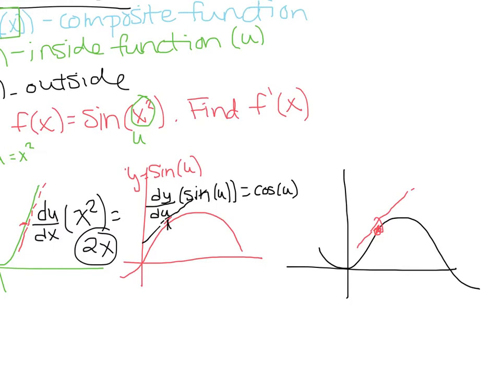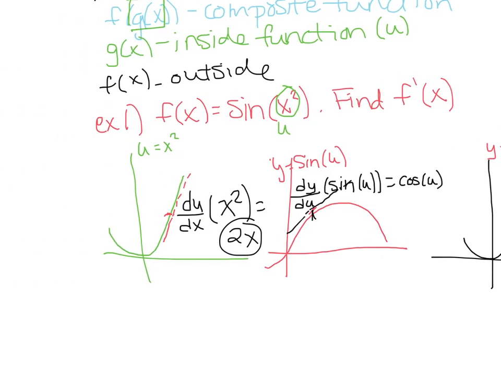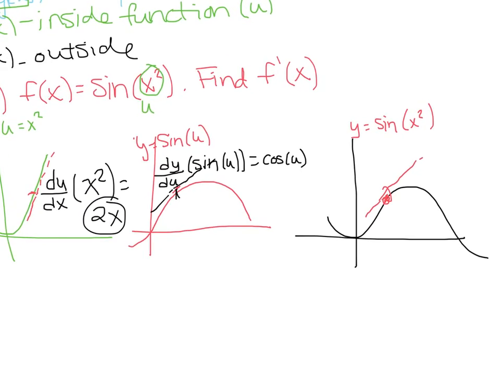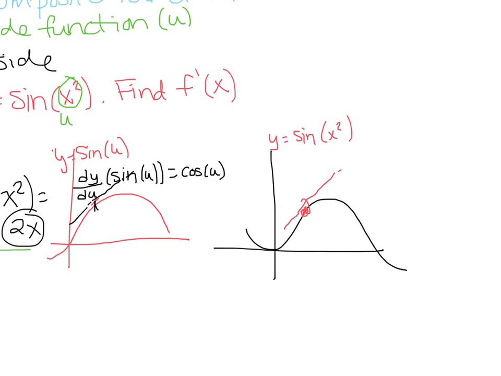So now I'm back to saying that y is equal to sine of x squared, okay? Remember, because I started by taking the derivative of x squared, then sine of u. Now I'm taking the derivative of my entire composite function, which is the original function I'm given.